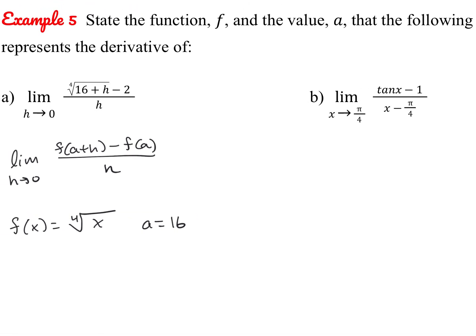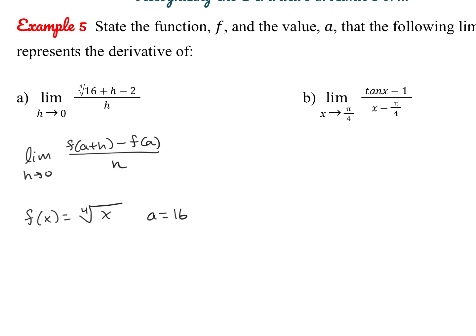Now, if you look at this second example here, this is in that form, the limit as x approaches a of f of x minus f of a over x minus a. So from this form, you can see that our a value right here is pi over 4.